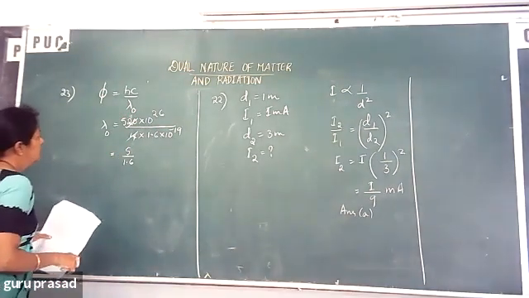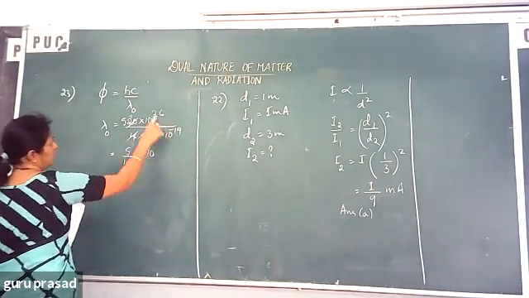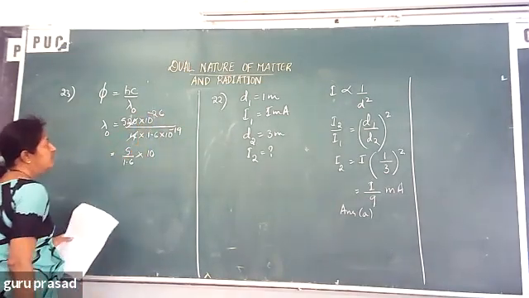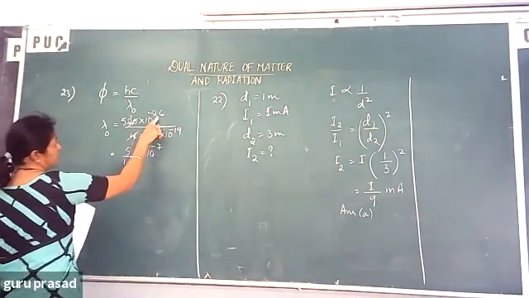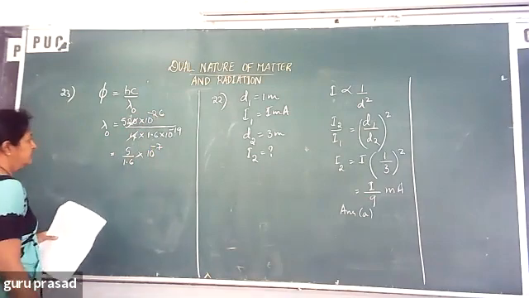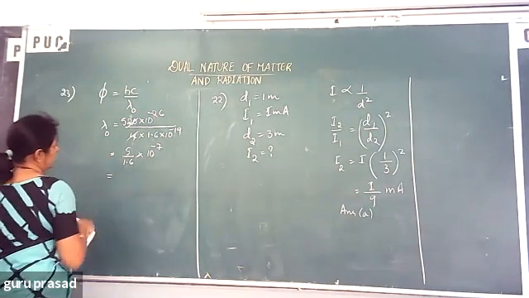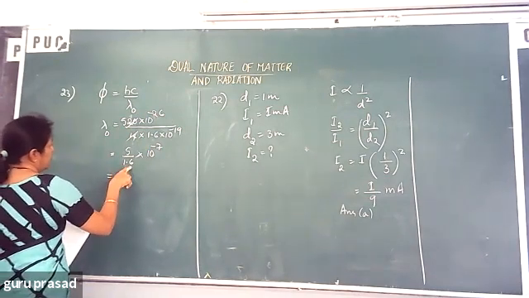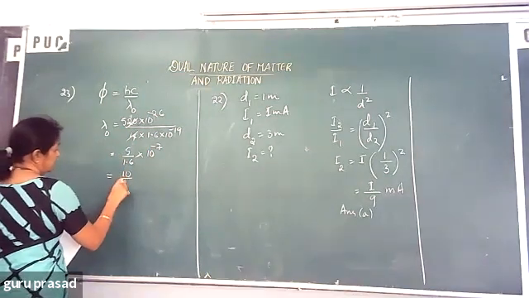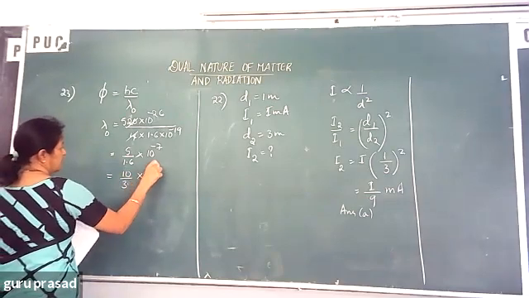So into 10 power minus 26, and 10 power 19 in the denominator; minus 26 plus 19, you get minus 7. Now how shall we simplify? If you make this as 10 by 3, it is 3 point something into 10 power minus 7.